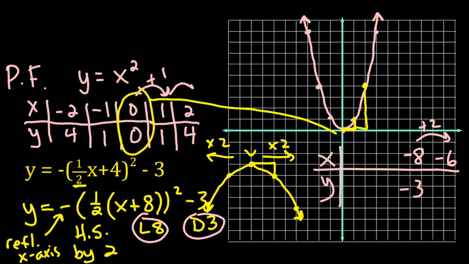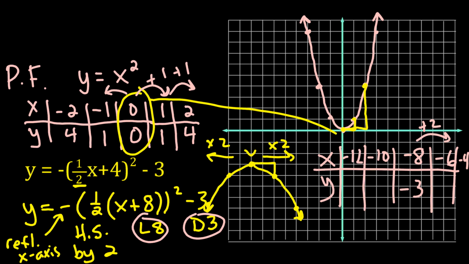And so then the next point is, instead of going +1, we're going to go +2 from there, so it'd be -4. I didn't do the best job of mapping this out. And then same thing going the other way. Instead of going -1, we're going to go -2 to -10 and -12.